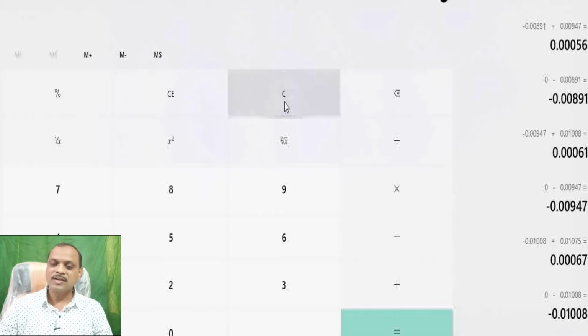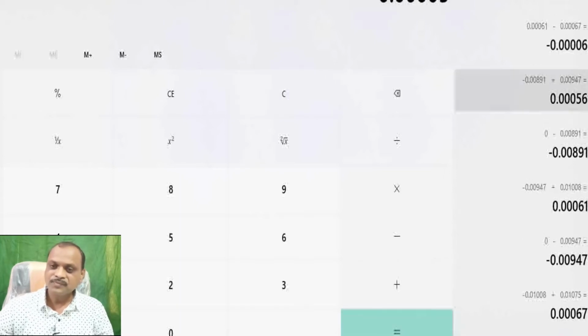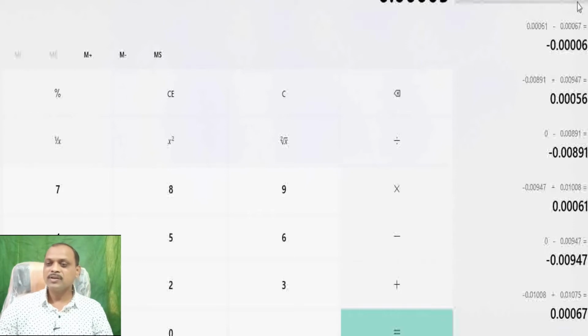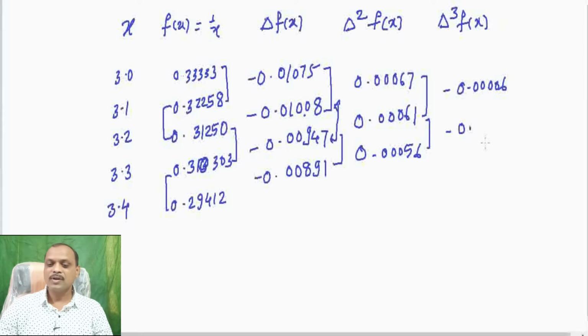Let us calculate that here: 0.00056 minus 0.00061, and it will be minus 0.00005. And we have two values in the third differences.